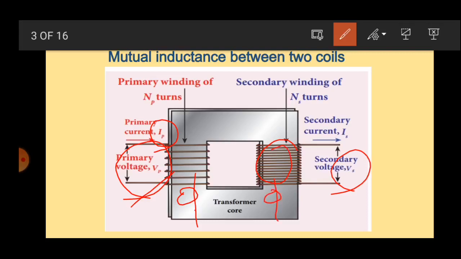Hence an induced EMF is produced across the secondary. This is an induced EMF.